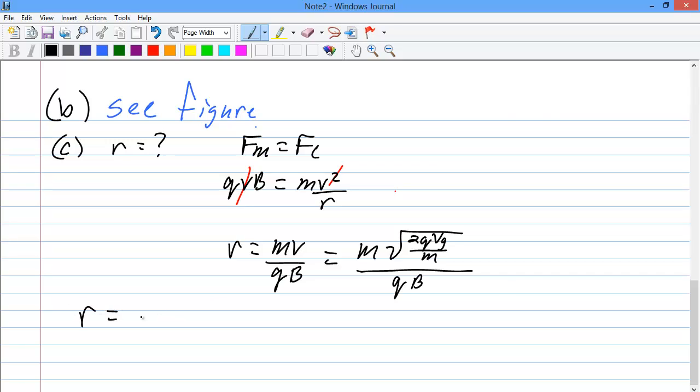So finally I have R is equal to the square root of 2q m squared V sub G divided by m q squared B squared. I can cancel out some of the components. So at the top, all I have left over is 2m V sub G divided by q B squared, all under the square root.